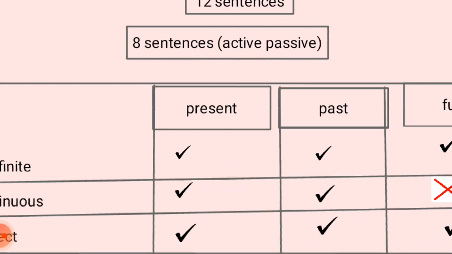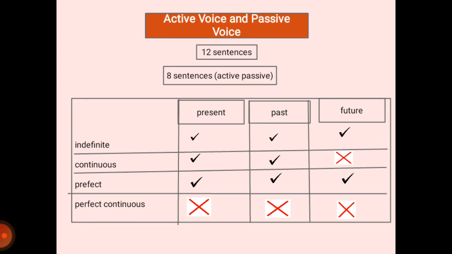You can see the table here, of which tenses you can make the active and passive voice. Where there is a tick, that means we make the active and passive voice of these tenses. But where there is a cross, that means we do not make active and passive voice of those tenses.